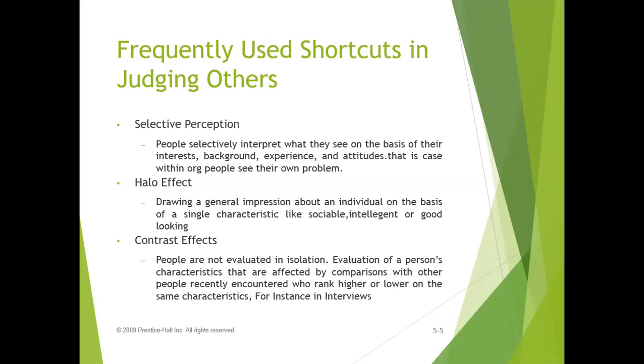Next is the halo effect. The halo effect is when we draw an impression about an individual on the basis of a single characteristic, for example intelligence, sociability, or appearance. The halo effect is easy to demonstrate and easy to explain with different kinds of characteristics, and based on some specific characteristics we judge the personality of a particular person.